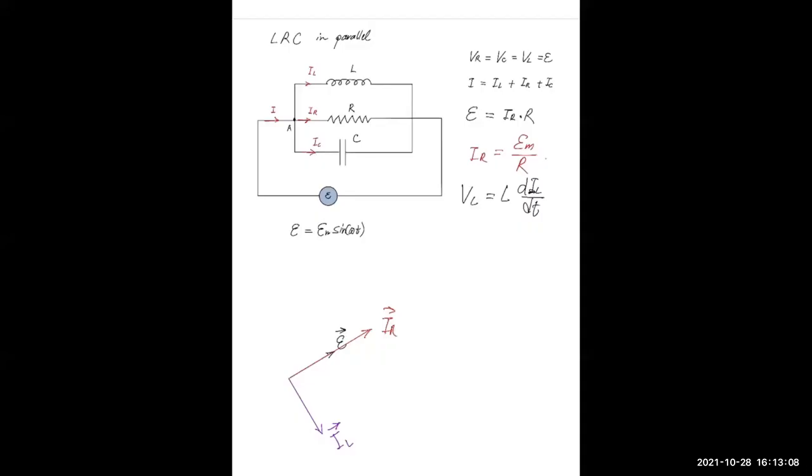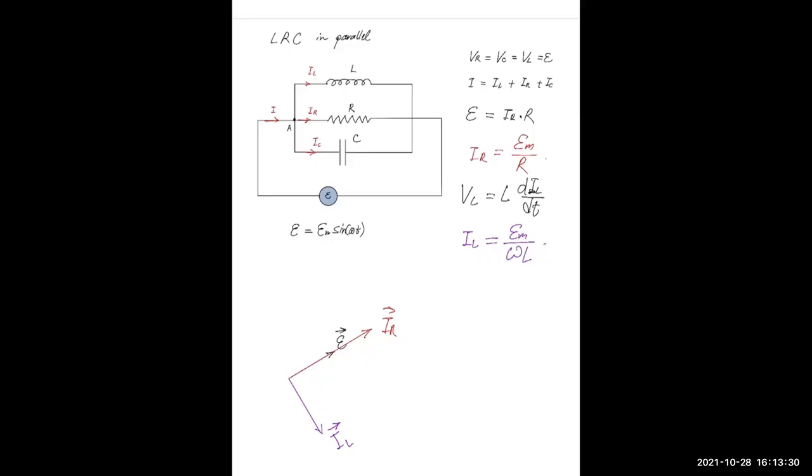Okay, and what is the magnitude of IL? The magnitude of IL is simply the amplitude of the voltage applied to the inductor, which in this case is epsilon maximum, divided by its reactance, which is omega L. It's the same as we saw in the previous lecture.